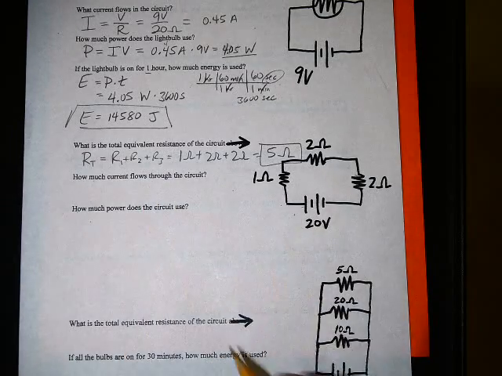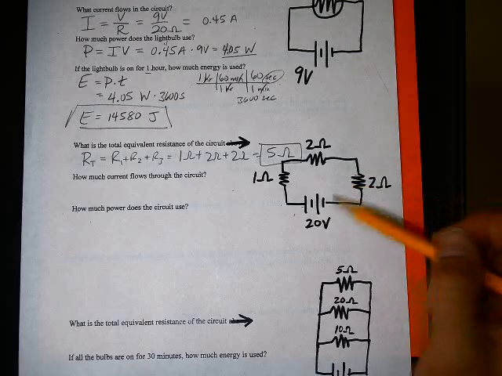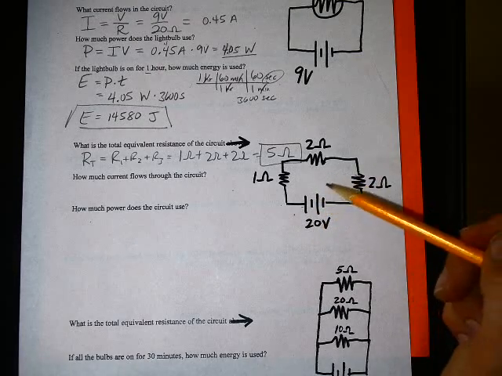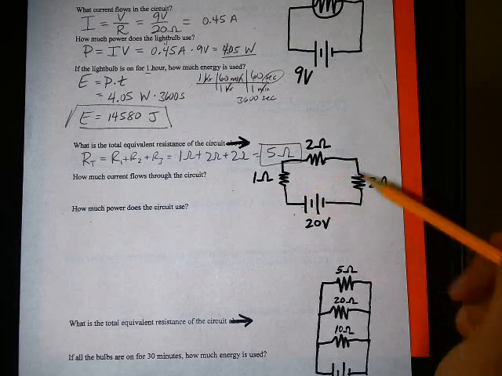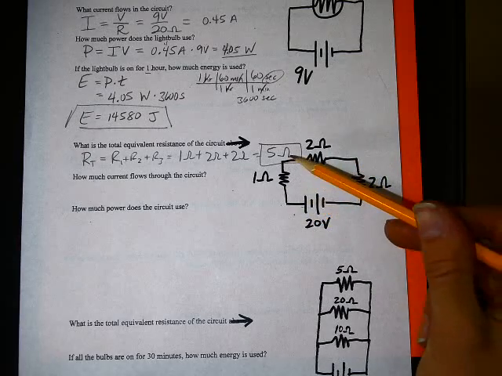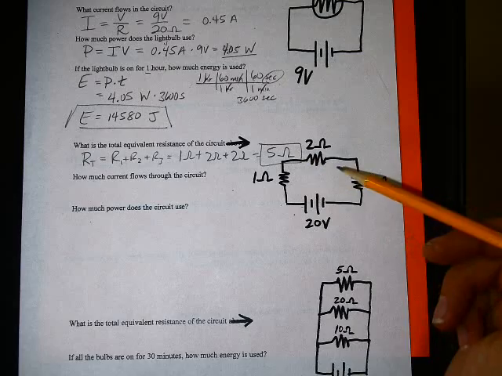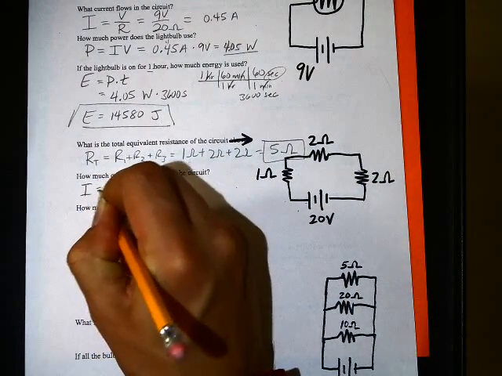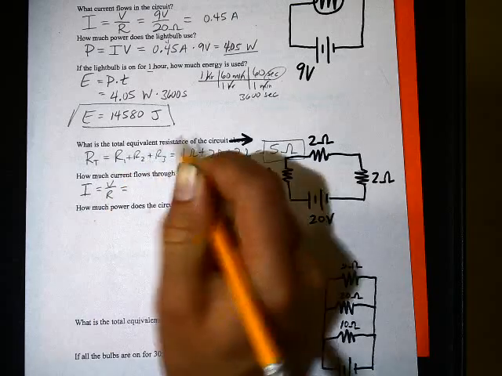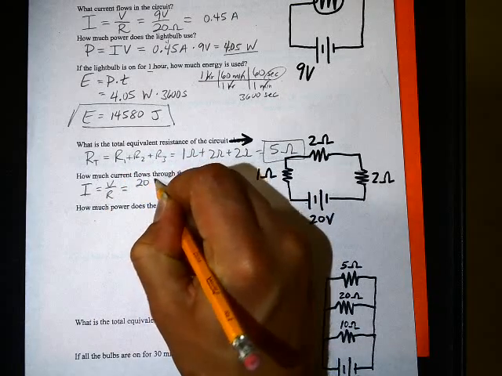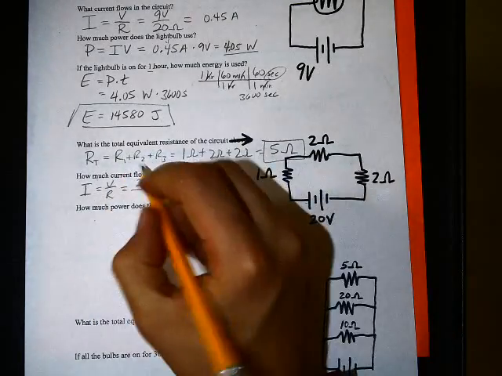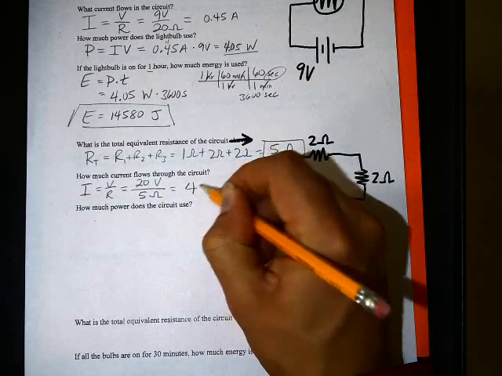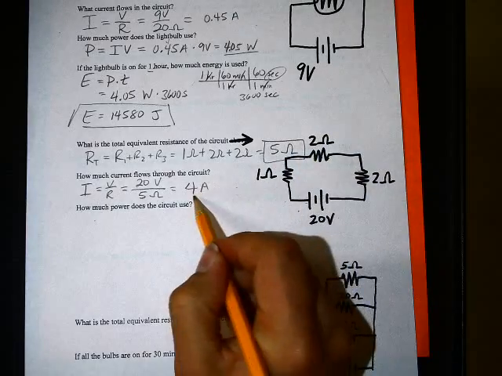So how much current flows through the circuit? Well, we know we have 20 volts, our battery, and the total resistance that this experiences is 5 ohms. So again, we can use Ohm's law, V divided by R, and there's a total of 20 volts and a total of 5 ohms, so the total current is going to be the division, which is 4 amps.